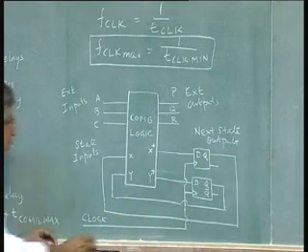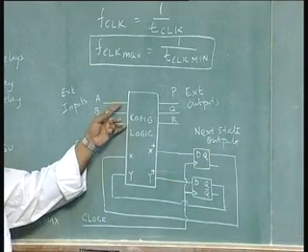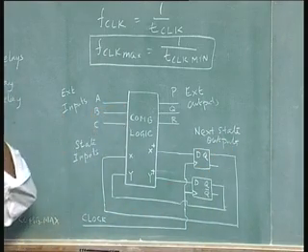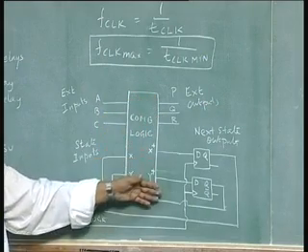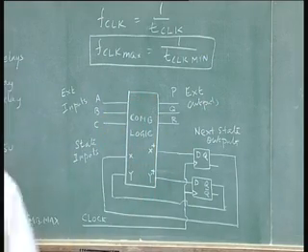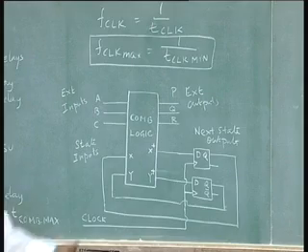That means typically you give the present state inputs and the external inputs, you get the external outputs and the next state outputs, and the flip flops are used here.